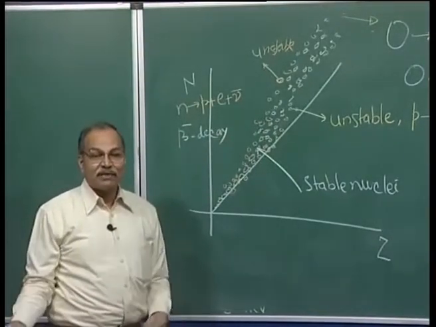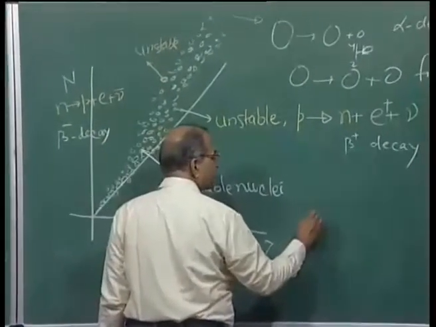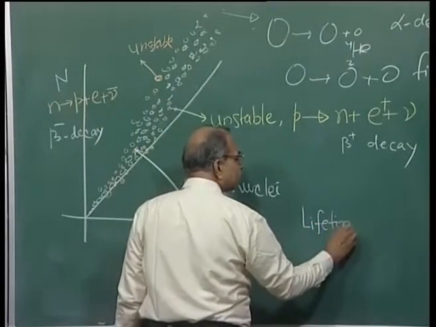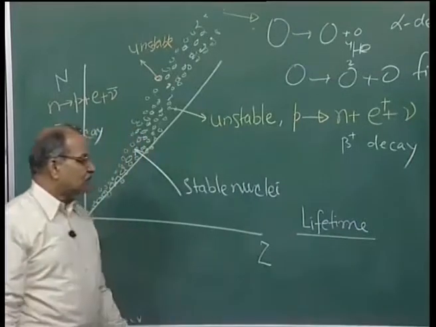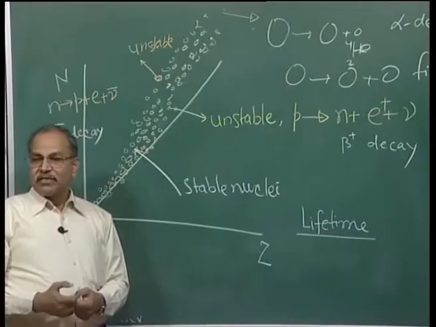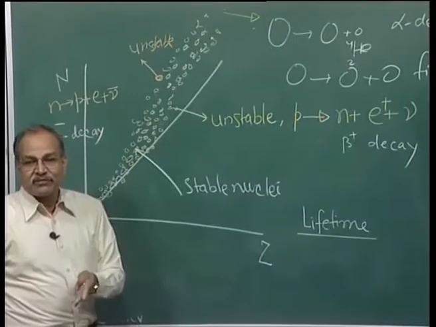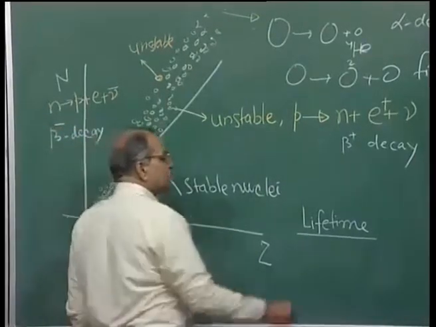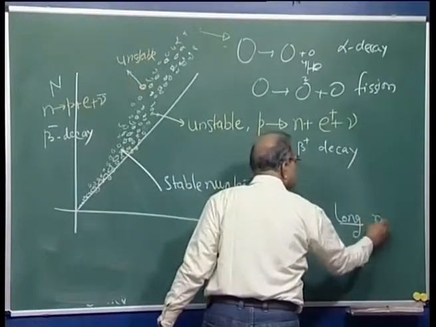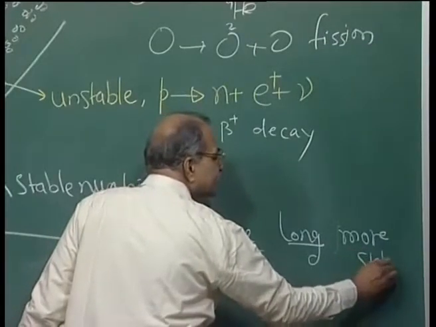A degree of instability can also be how unstable it is. So, that is measured from lifetime. What is the average lifetime of this nucleus? Once it is formed, it is unstable, it will beta decay or do some disintegration. So, what is the lifetime of that? If that lifetime is long, that means it is more stable. It is not stable, it is unstable, but the instability is less.